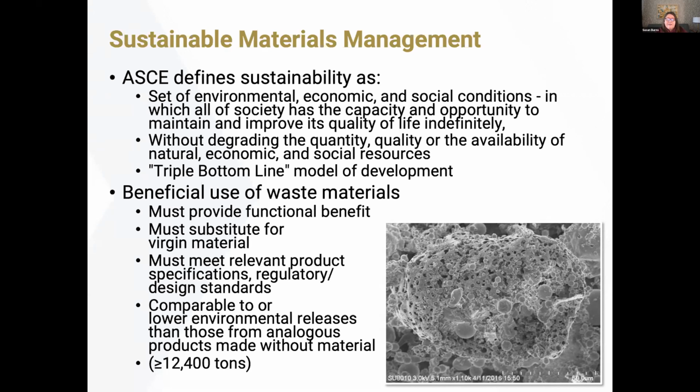In all of these cases, we have to meet relevant product specifications, right? Any regulations, design standards, all of those must be true as well. And then finally, we want to be careful about environmental release. We want to make sure that whatever is being released or leached from our waste materials is comparable to or lower than what we see from analogous products made without the waste material.